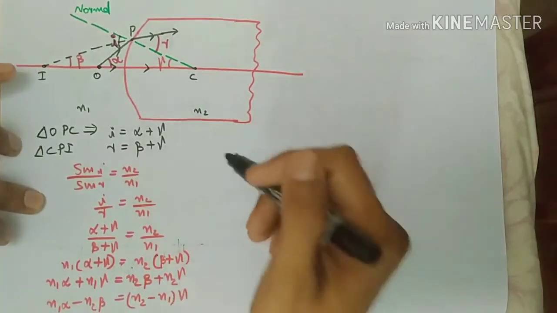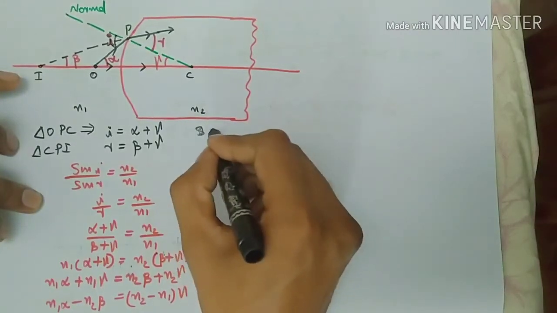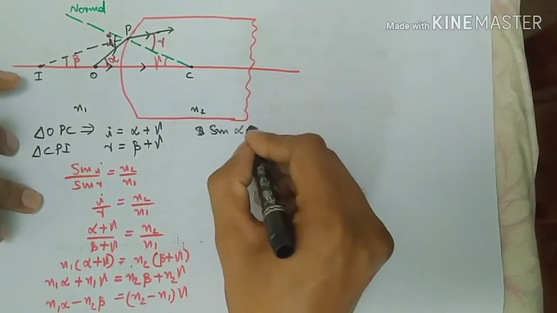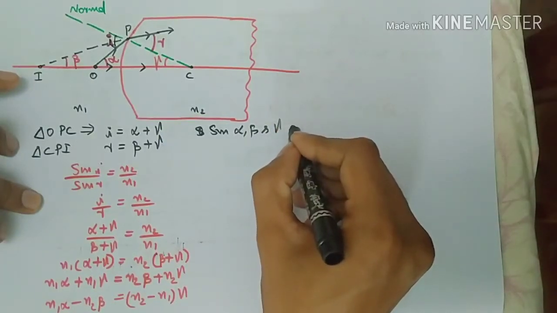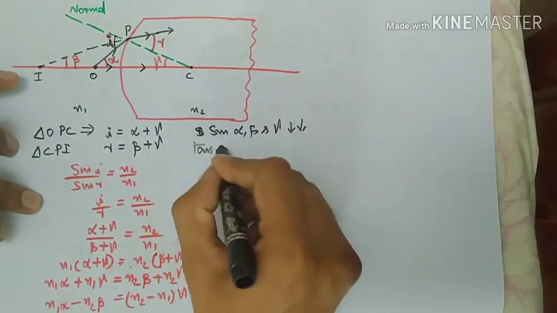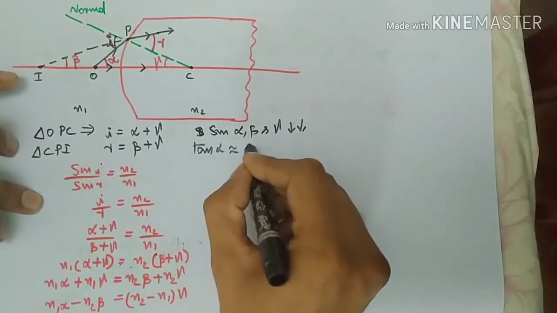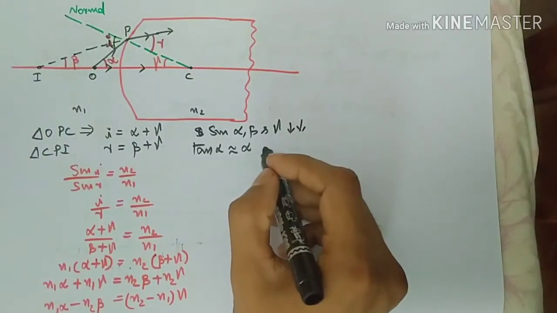Then, as usual, since alpha, beta and gamma are very small, tan alpha is approximately equal to alpha.